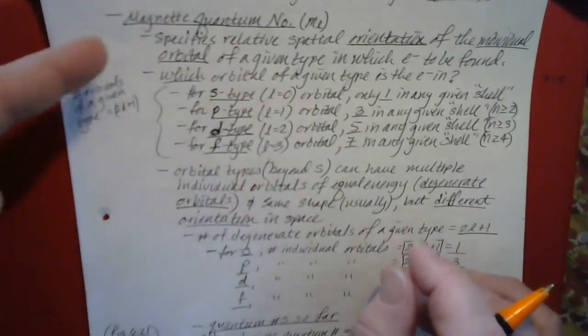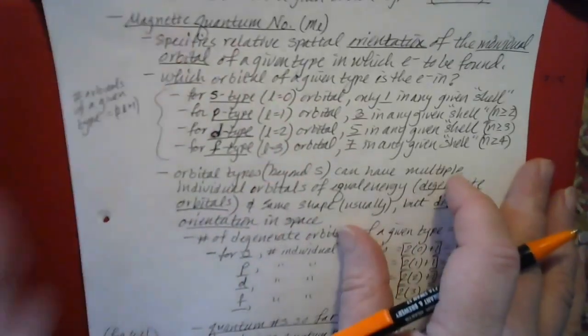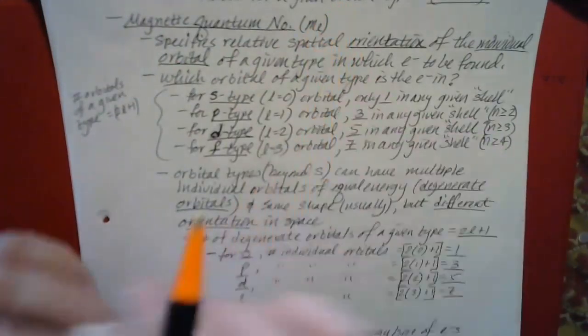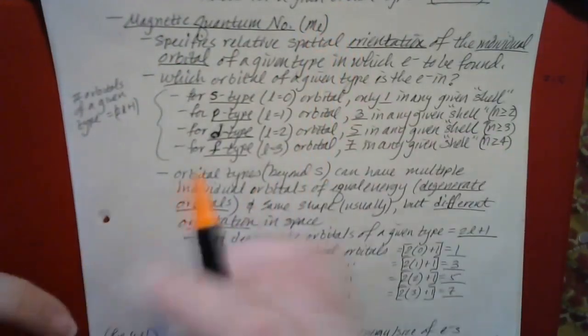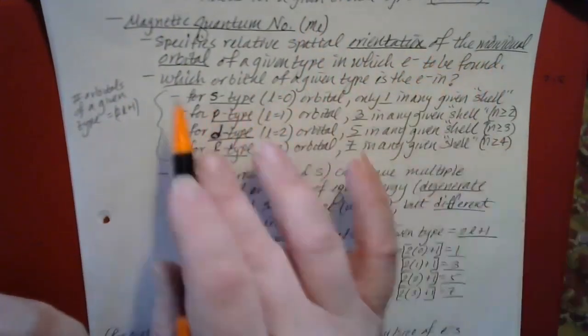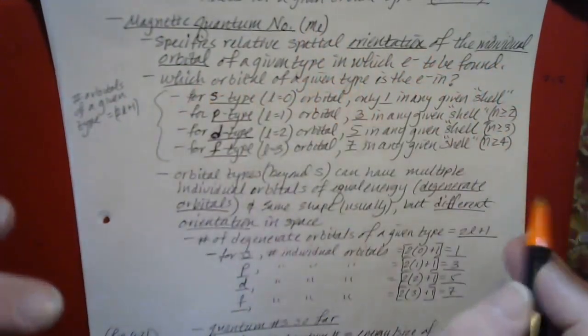And this is the third quantum number, or the magnetic quantum number, or m sub L. That is m with a subscript of a little l after it. And this specifies the relative spatial orientation of the individual orbital of a given type.